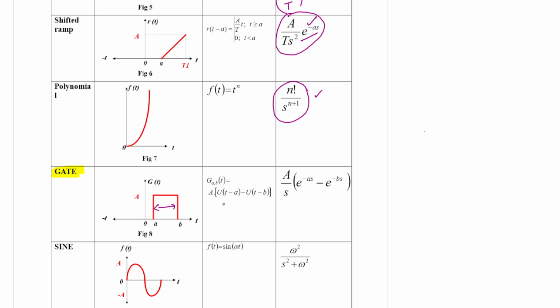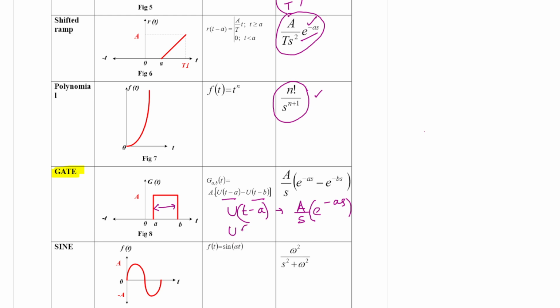Now as I told you, it is the subtraction between two step functions, u(t minus a) minus u(t minus b). If you have a function u(t minus a), then its Laplace transform will be A by s into e to the power minus as, because since it is a time shifted function, it will be multiplied in the frequency domain.